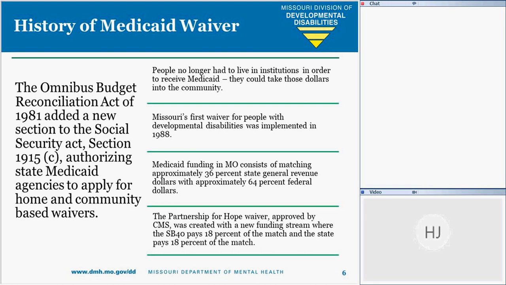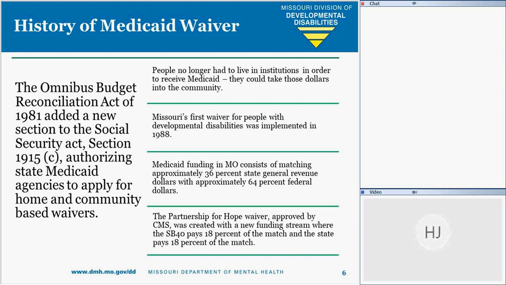So where do waivers come from? Remember that Medicaid was signed into law in 1965. Well, in 1981, the Reconciliation Act was added as a section to the Social Security Act, and that section was 1915C. In that section, the Act described and authorized state Medicaid agencies to apply for home and community-based waivers.